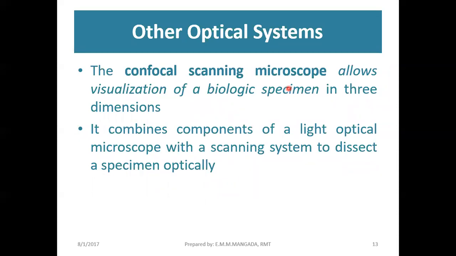Okay, so guys, now next we have the confocal scanning microscope. So your confocal scanning microscope allows visualization of biological specimen in 3D dimension. Okay, so intindihan ninyo, it provides an image of a biological specimen in a 3D configuration or dimension.